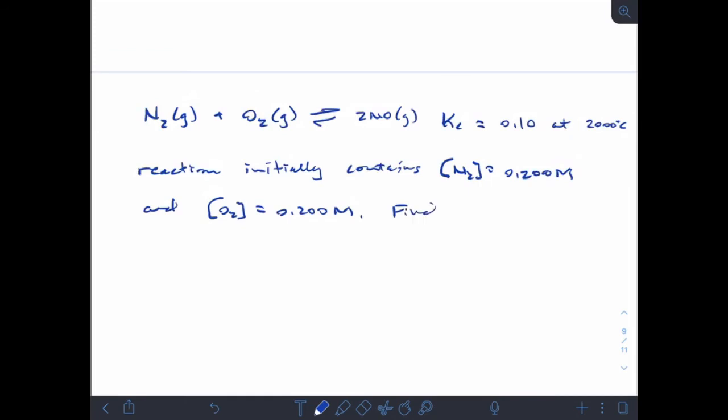Find the equilibrium concentrations. Okay. The question says the words, find the equilibrium concentrations. That is your dead giveaway that we're going to use an ICE table.